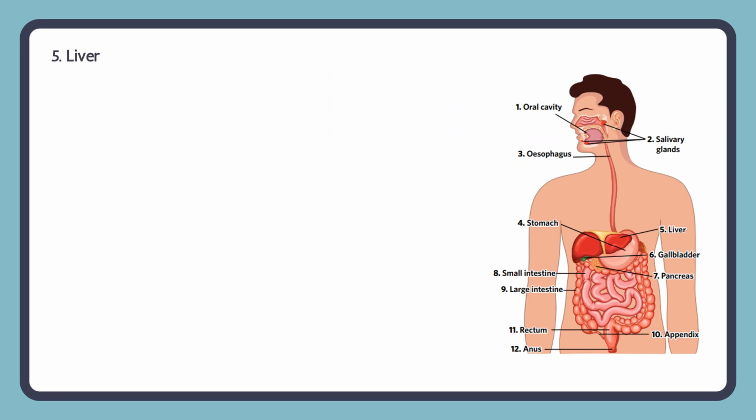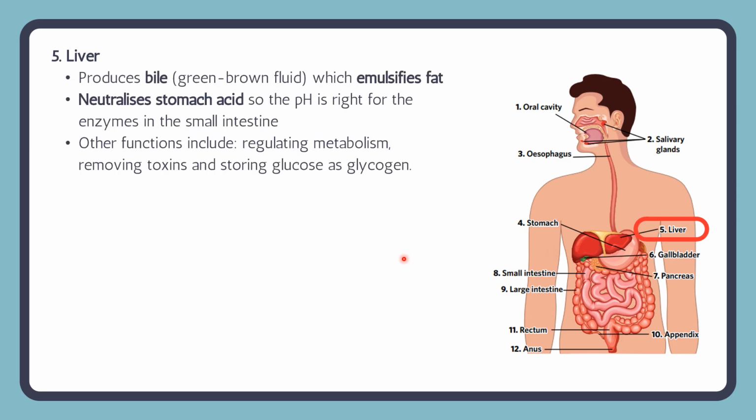Now we have the liver over here. The liver produces bile, which is kind of like a green-brown fluid, and it helps emulsify fat. That means it helps break down fat into smaller parts. It also neutralizes stomach acid, because we know that the stomach has a pH of 1 to 3.